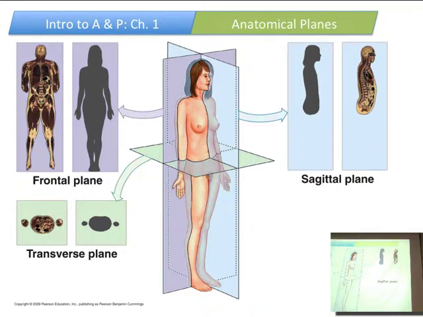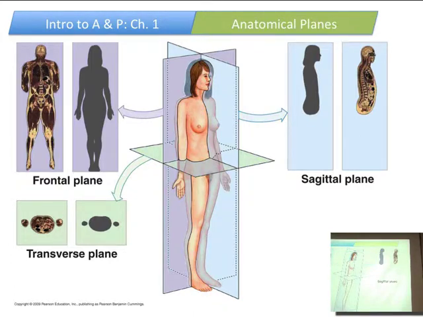Sagittarius means man. And so the sagittal plane is dividing the man in half. It runs straight through the center of your manhood, down the median line. Okay? Sagittal plane.